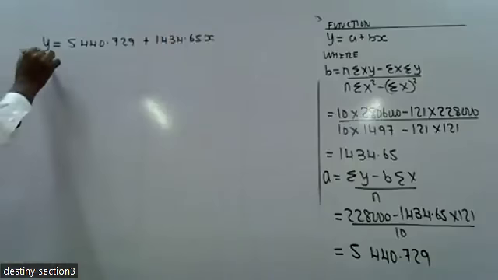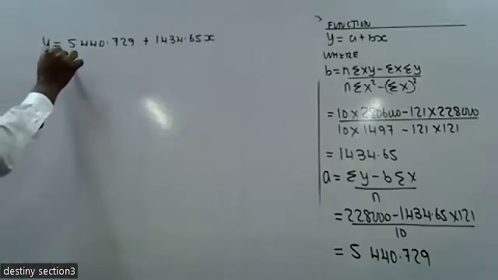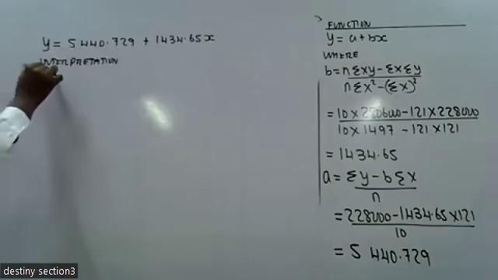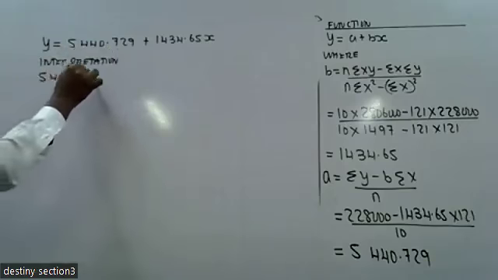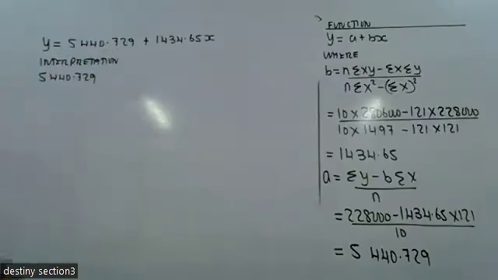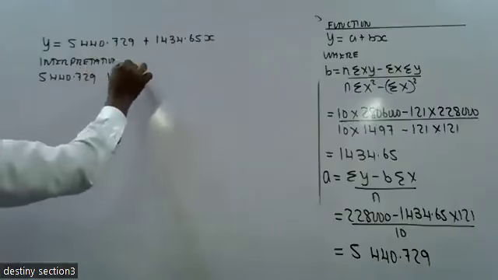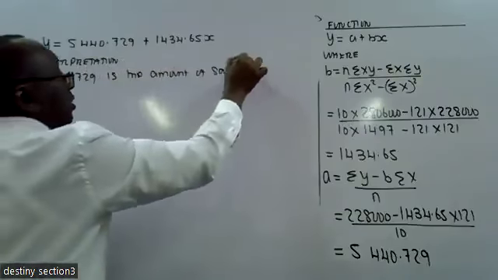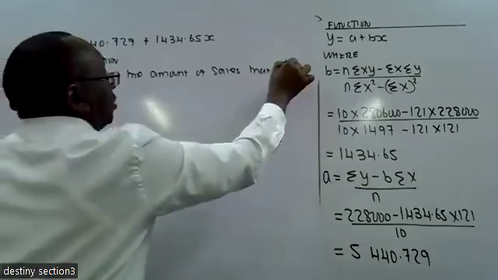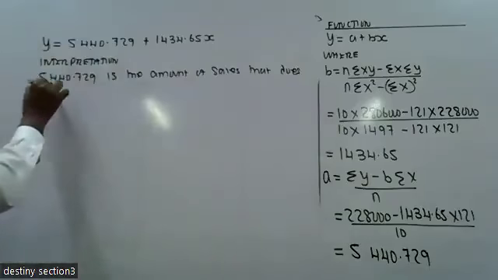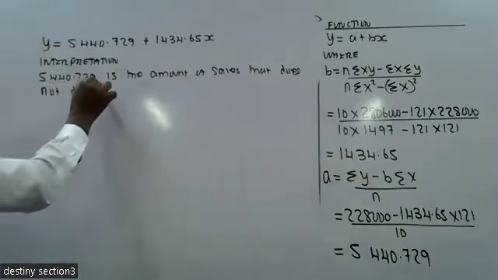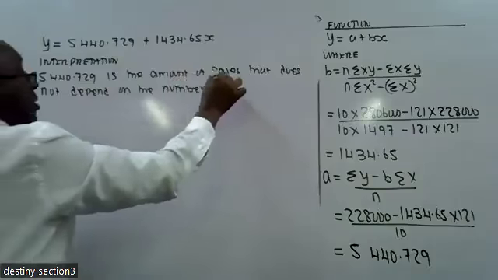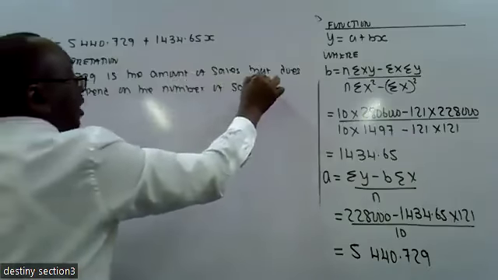The meaning or the interpretation: 5440.729 is the amount of sales that does not depend on the number of salespersons engaged.